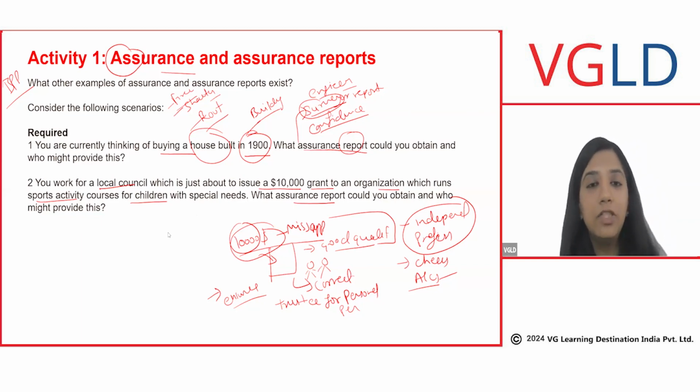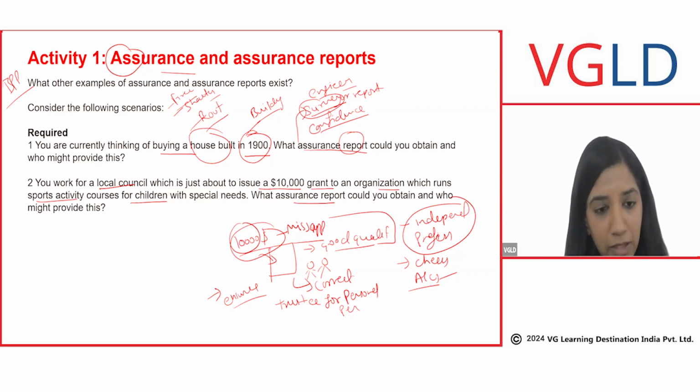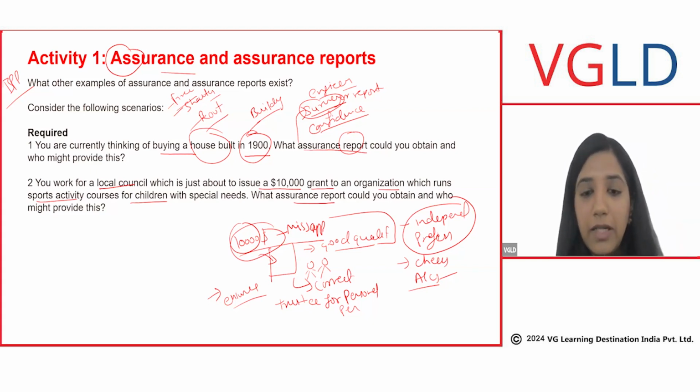So now here you have two questions to deal with. If I am giving money to a particular organization that is working for special children and it is leading in sports activities, I might want to know how will they use my money. I am giving you $10,000. How will you use it?